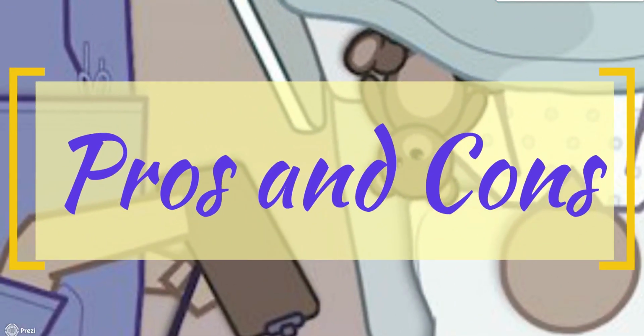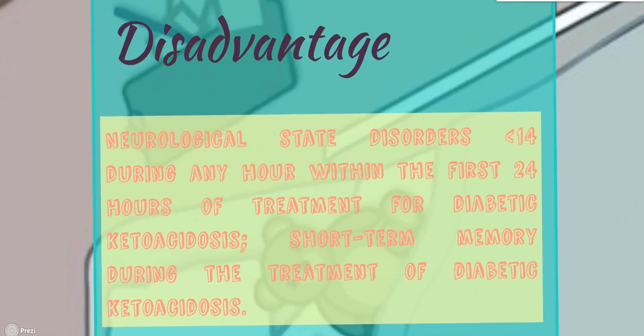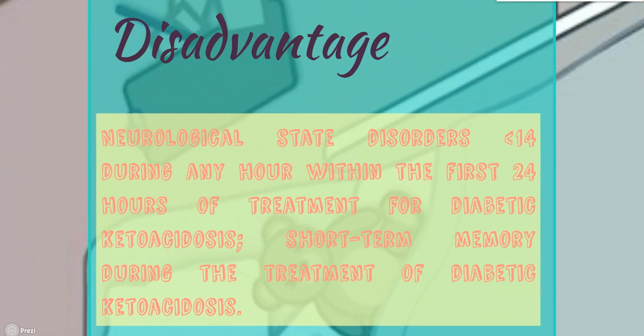Pros and cons. Disadvantage: neurological state disorder, lessening within the first 24 hours of treatment for diabetic ketoacidosis, shortened memory during the treatment of diabetic ketoacidosis.